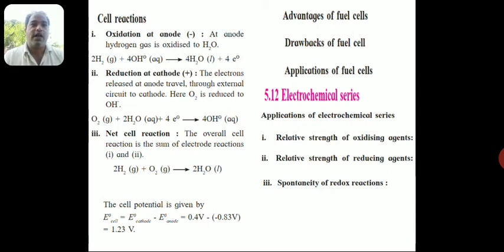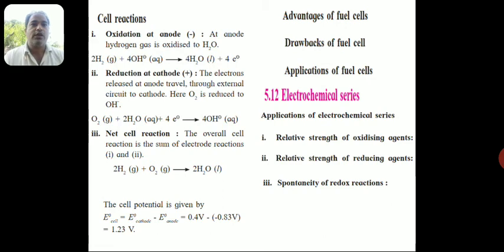Oxidation at anode. At the anode, hydrogen gas is oxidized. Its reaction is 2H2 plus 4OH minus gives 4H2O plus 4 electrons. So this is the oxidation at the anode.